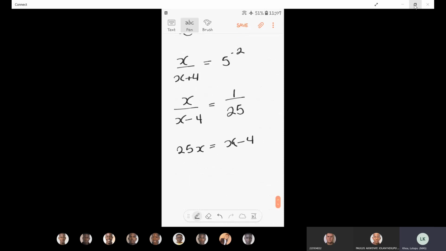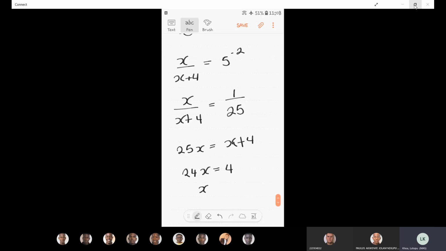Right, then I collect all my terms with x on one side, everything else without x on the other side. Okay, and then I will subtract x. I have 24x, and this is equal to 4.